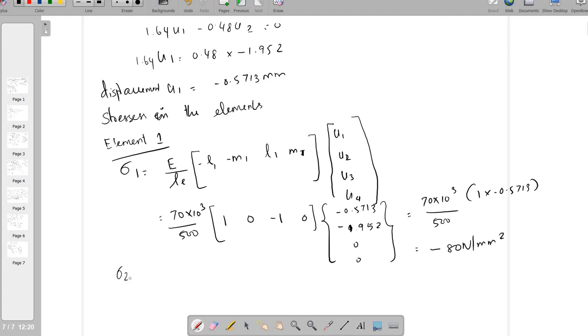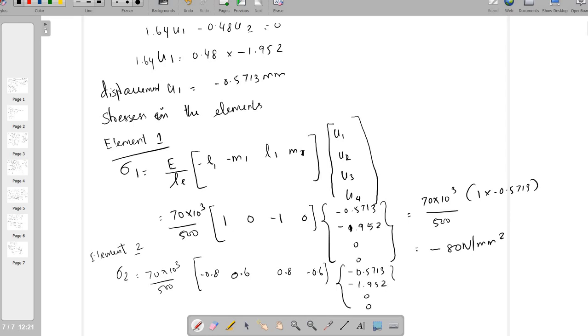Similarly, sigma 2 for element number 2. I am going to directly write the equation for element number 2: 70 into 10 power 3 by 500. L2 is minus 0.8, so minus L2 is 0.8, and M2 is 0.6, so minus M2 is minus 0.6, and the negative of the first two terms. And here we can write minus 0.5713, minus 1.952.